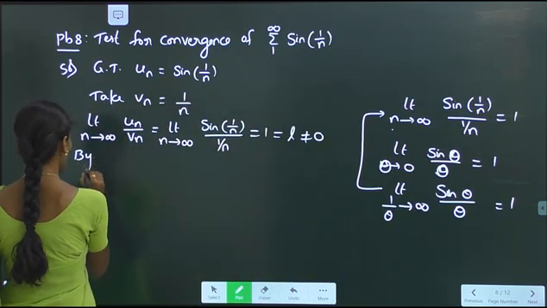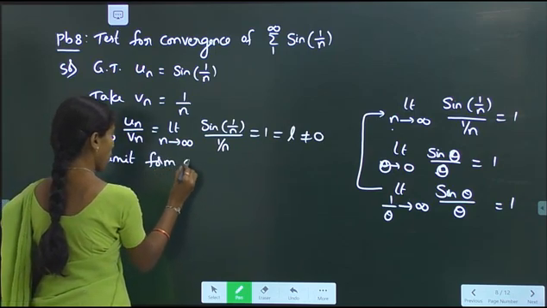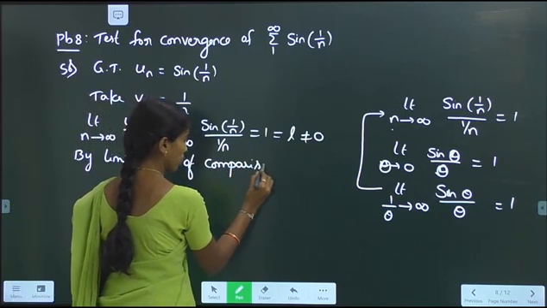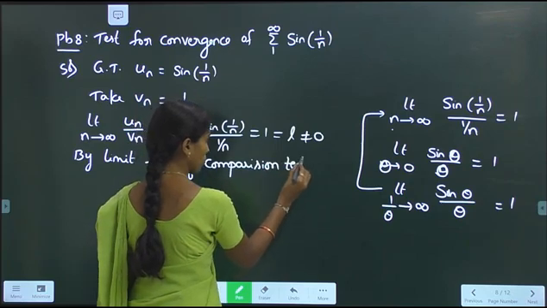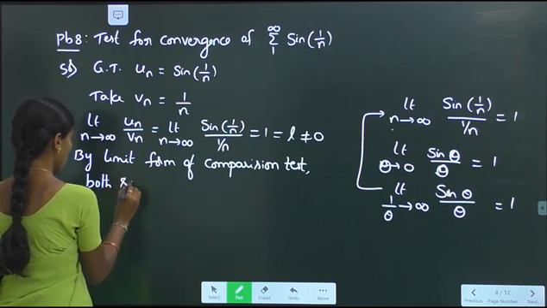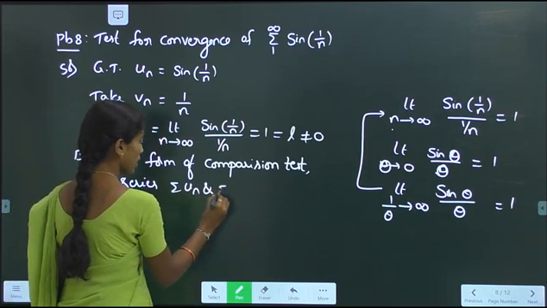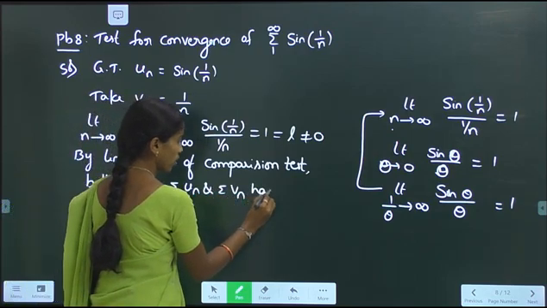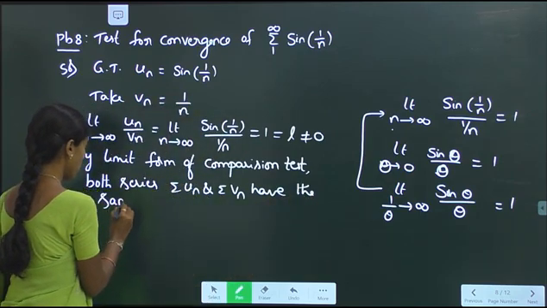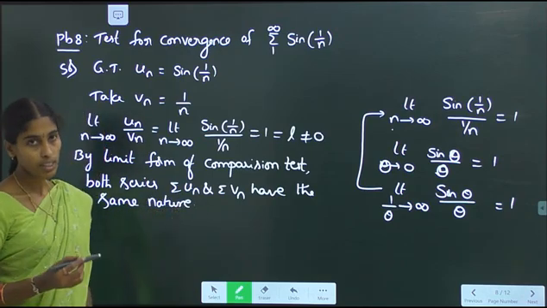By limit form of comparison test, both series summation un and summation vn have the same nature. Either both are convergent or both are divergent.